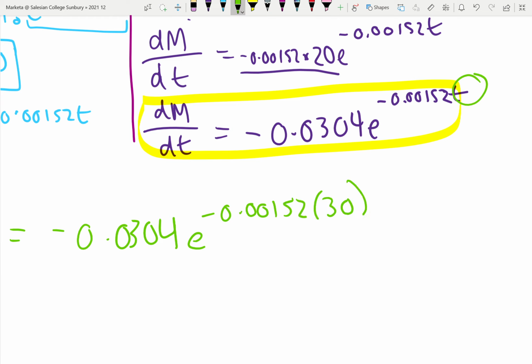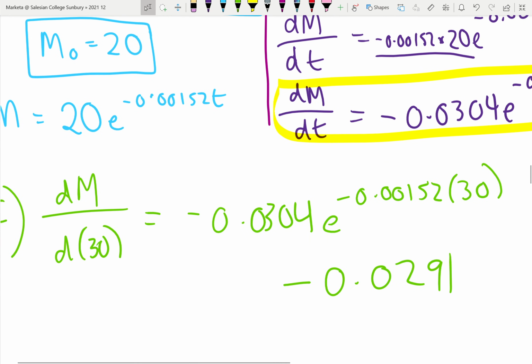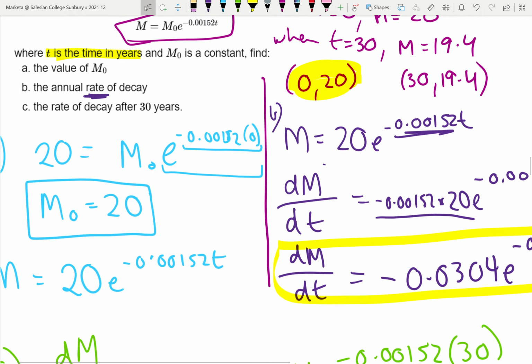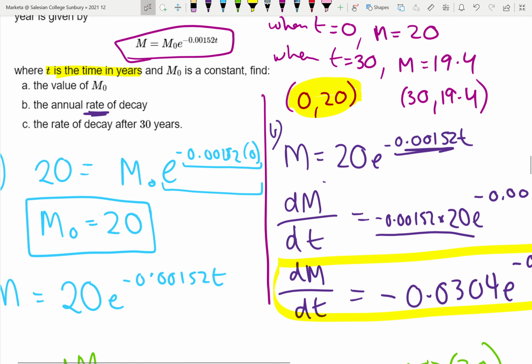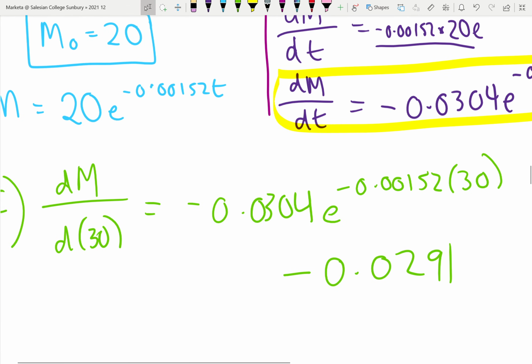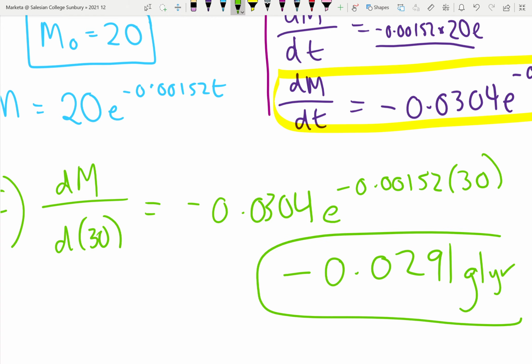And as I found earlier, that is going to be negative 0.0291. So it's decaying at a rate of 0.0291 grams per year. I probably should write that on. So that would be our final answer there.